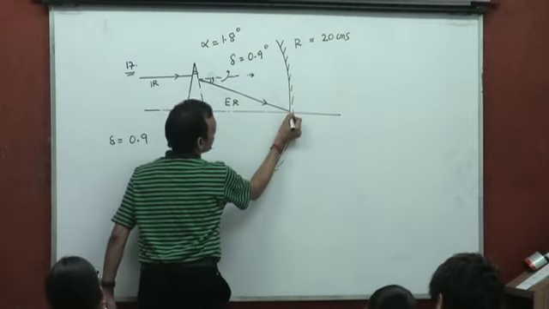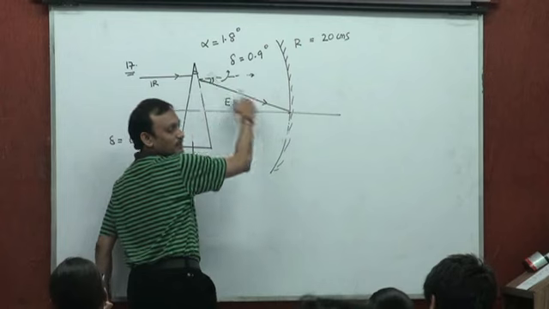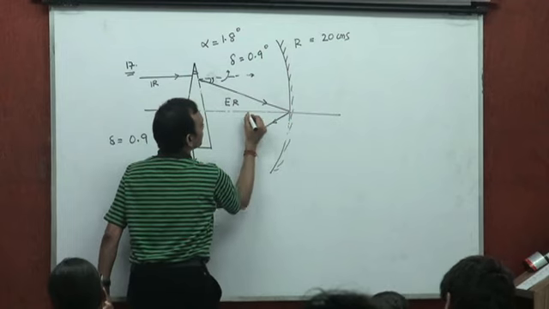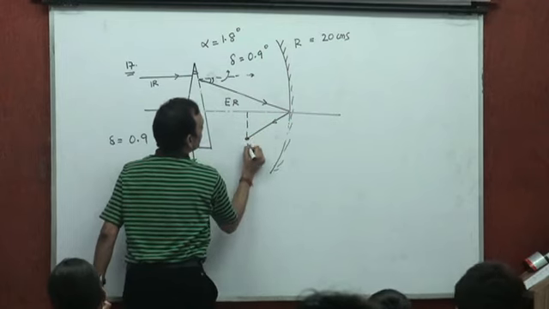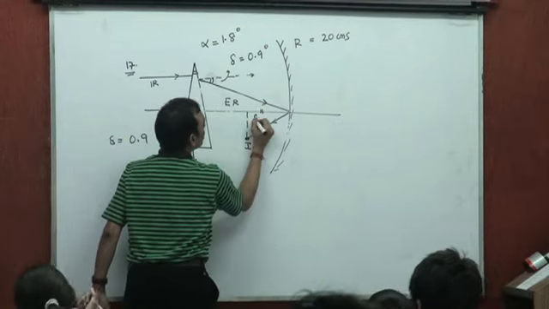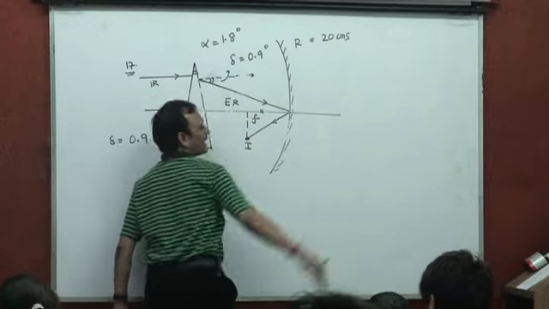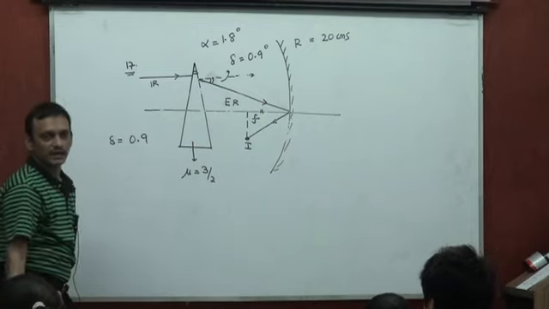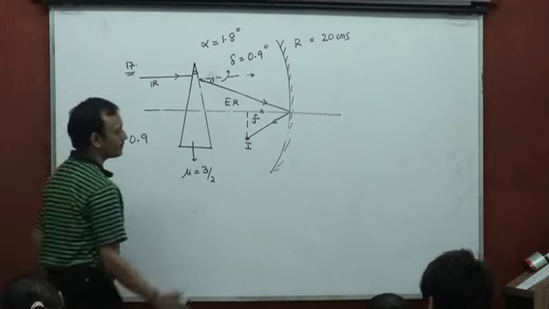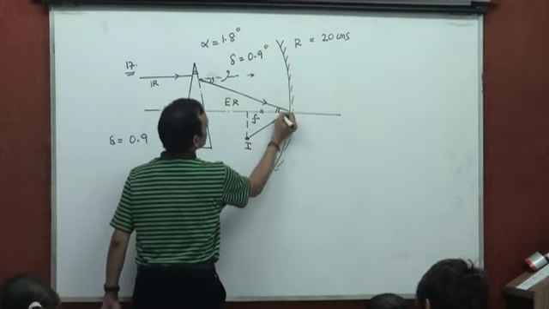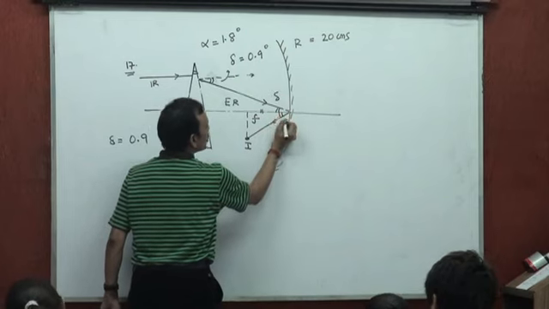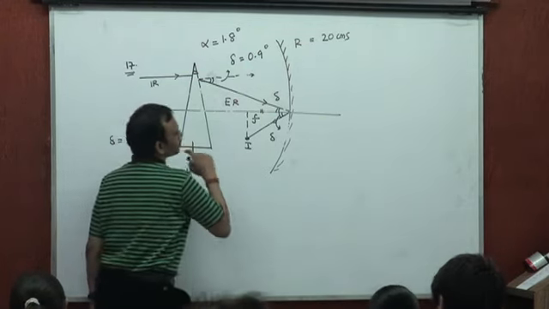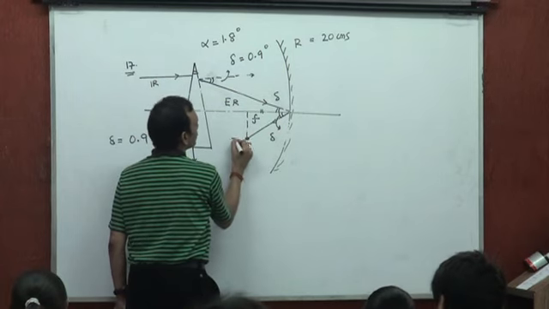Now, if you imagine this ray, then this is a parallel beam coming from infinity. It will then settle in the focal plane. This distance would be f. See, there is a parallel beam coming from infinity onto the mirror. It will settle at a distance f from the mirror at some point in the focal plane, like we saw earlier. Now this angle is delta. This is also delta. Now this is f.